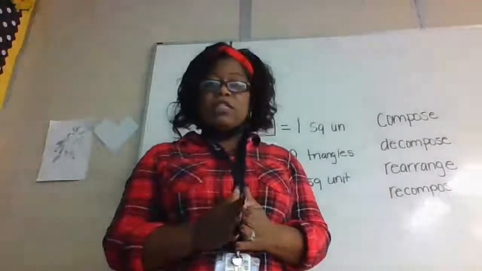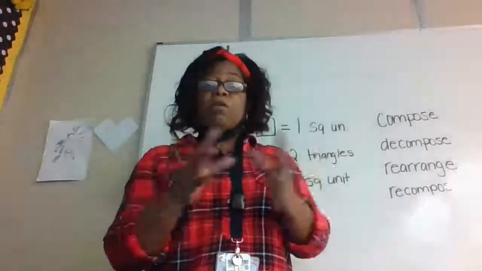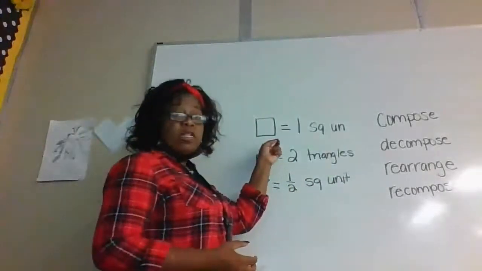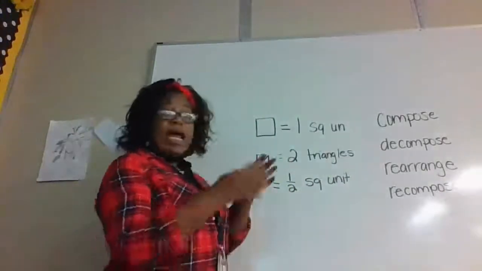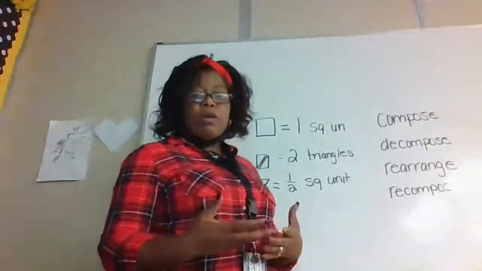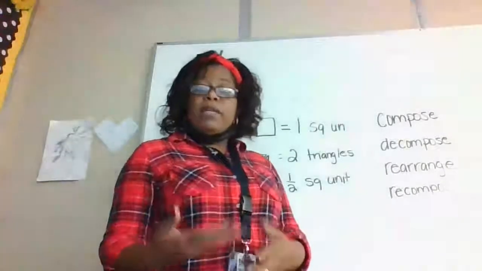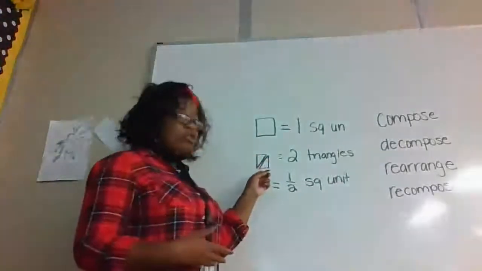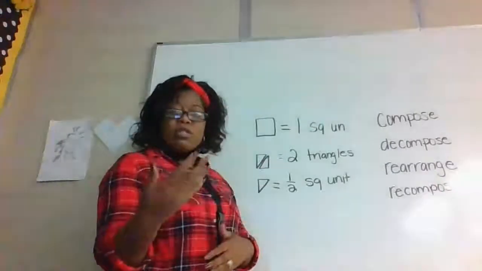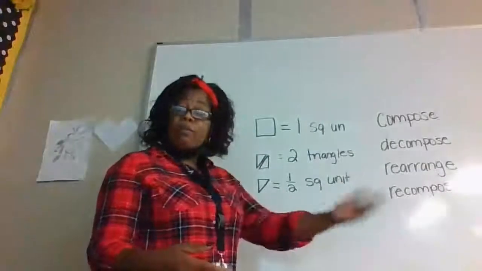Decompose is when we take a shape and we pull it apart or break it apart. For instance, when we took this one square unit and cut it in half and broke it apart into two triangles, that is what we call decomposing. But every now and then, I might need to take these two triangles and put them back together. That is when we use the term recompose or compose.